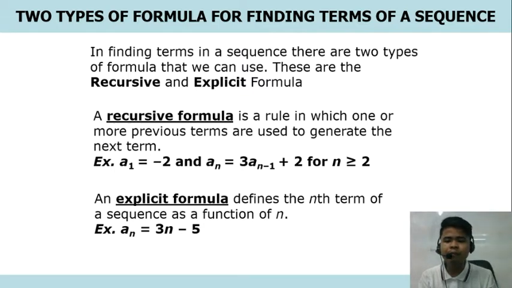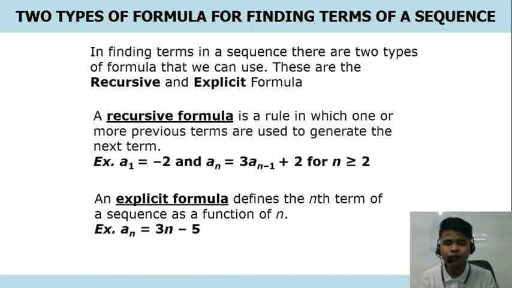Okay, paano mo ba malalaman na recursive ang isang formula or explicit ang isang formula? By looking at the structure of the formula itself. Okay, meron akong example dito. A sub 1 is equal to negative 2 and A sub n is equal to 3 A sub n minus 1 plus 2 for n is greater than or equal to 2.